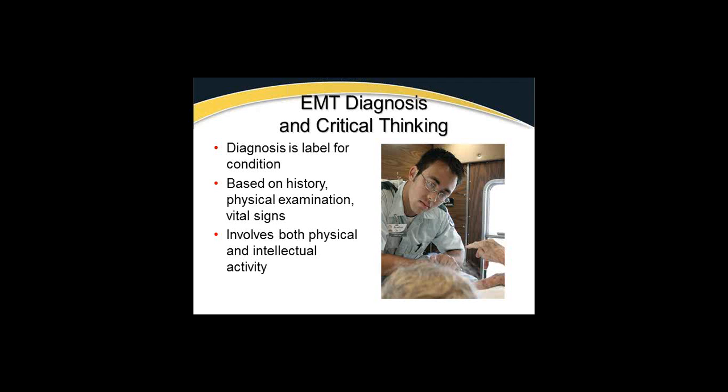We're going to base our diagnosis off of the history, the physical exam, and the vital signs. So we use not only what we see and hear, what we gather from information, and we package this all together to come up with what we think is going on.